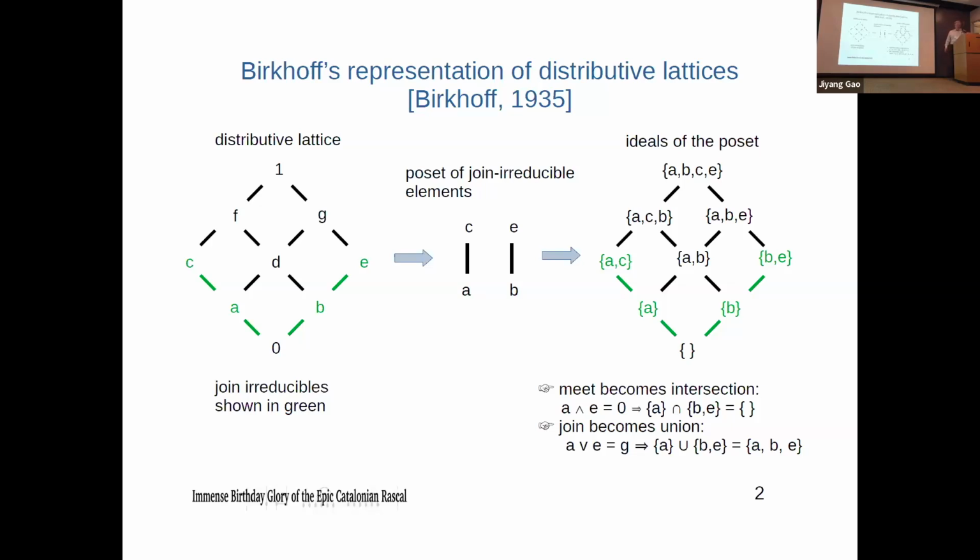The join irreducibles inherit a partial order from the lattice, as shown in the center. On the right is the lattice of ideals of that poset, showing that the original lattice is isomorphic to the lattice of ideals of the poset of join irreducibles. Any saturated chain in this lattice can be represented by numbering the subset of join irreducible elements compatible with their poset ordering.